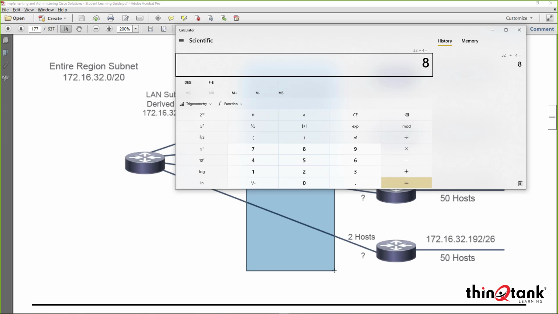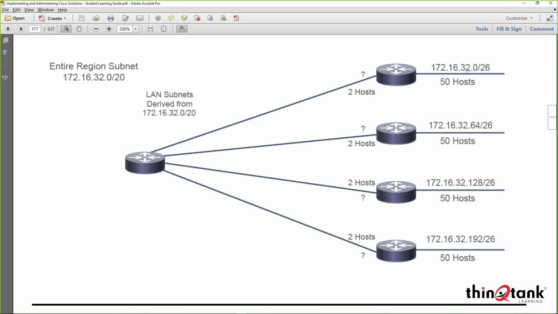So if we look at the diagram, we started at 0, we went to 64, we went to 128, we went to 192, but which block is left over? The last block of 64, right? 32.193 to 32, well, actually that's already allocated here, isn't it?